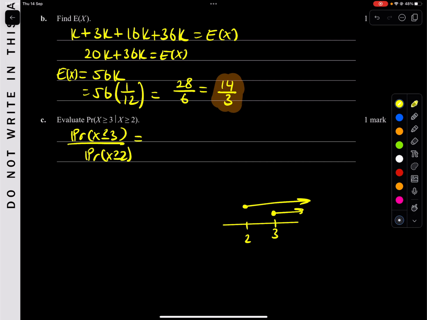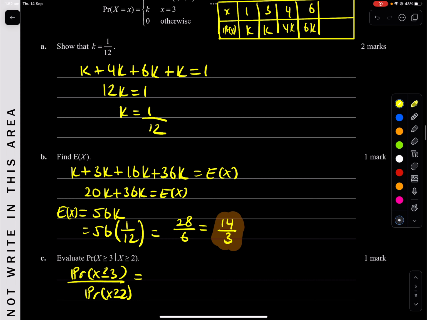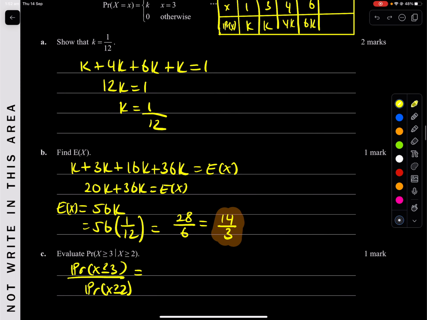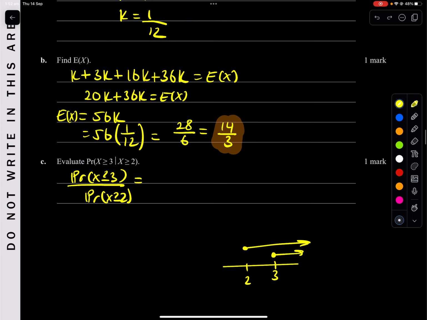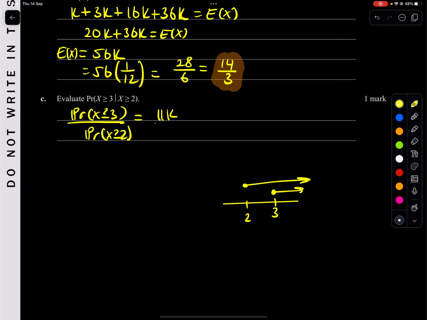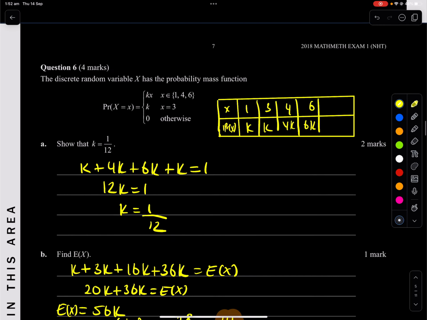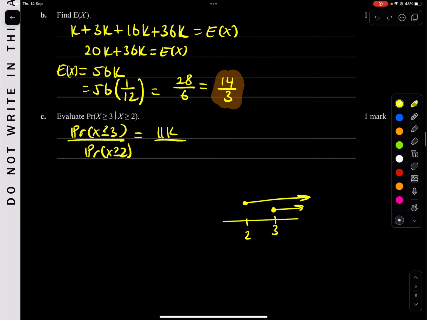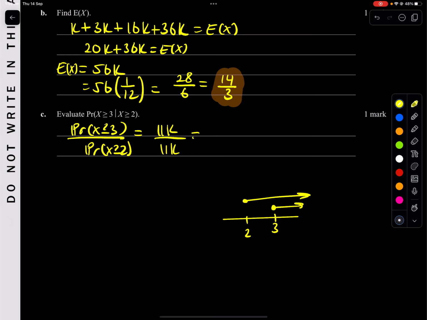And probably if x is greater or equal to 3 as well. So if we go here on this table, it's these pretty much. So it'll be 11k all over, probably if it's greater than 2, it's still these 3 actually. So it's 11k. So 11k over 11k is just 1. That's your probability. So yeah, that's that.